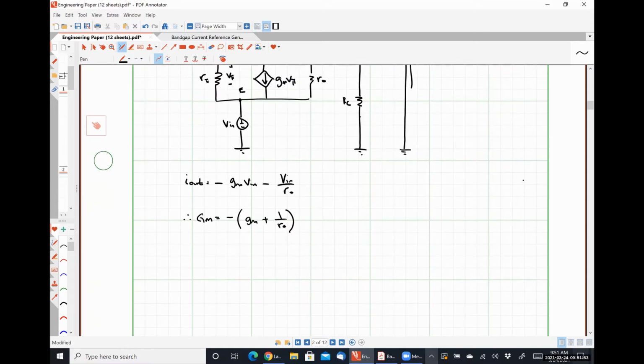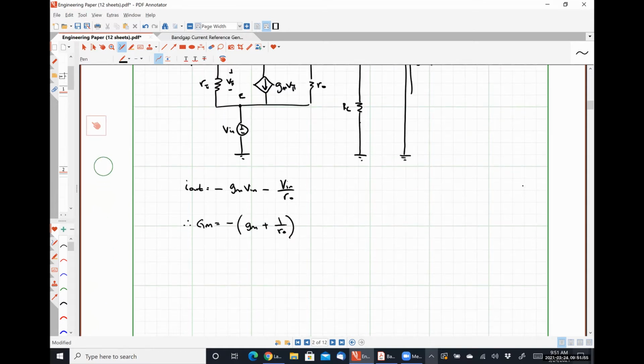Our last step then would be to calculate our voltage gain.